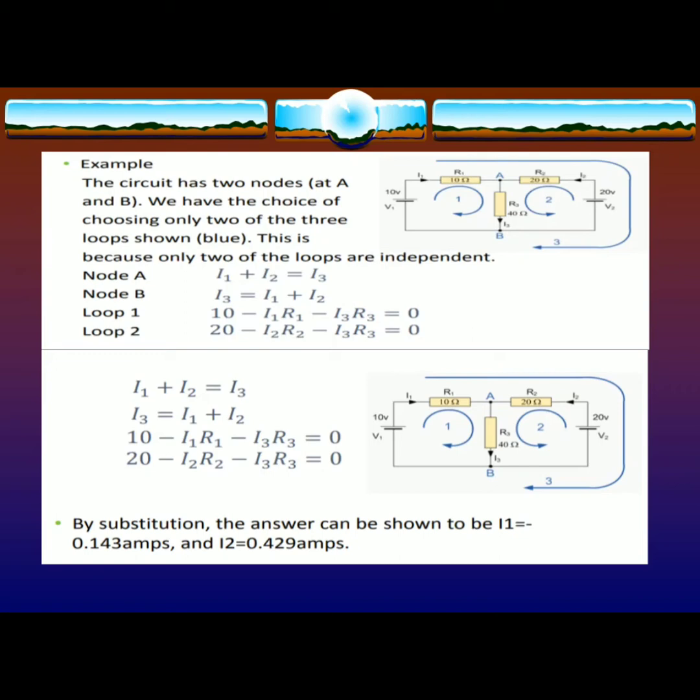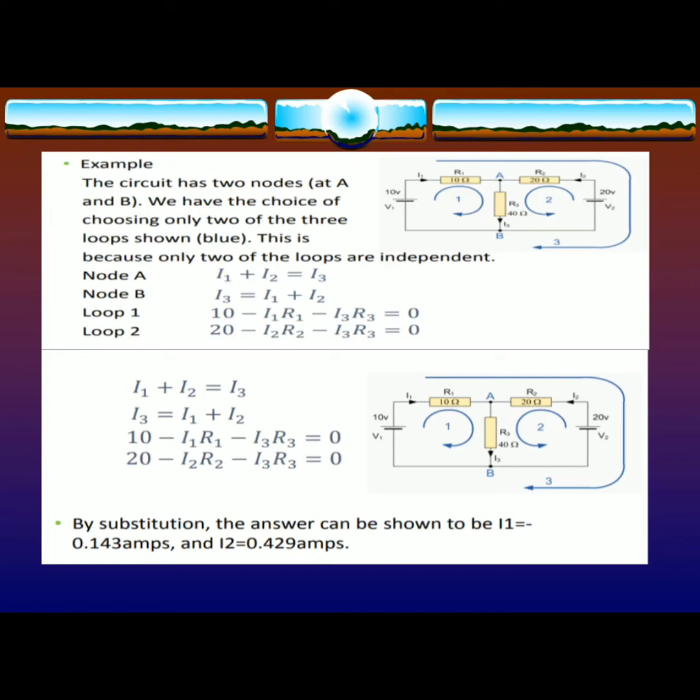The circuit has two nodes, A and B. We have the choice of choosing only two of the three loops shown below, because only two of the loops are independent.